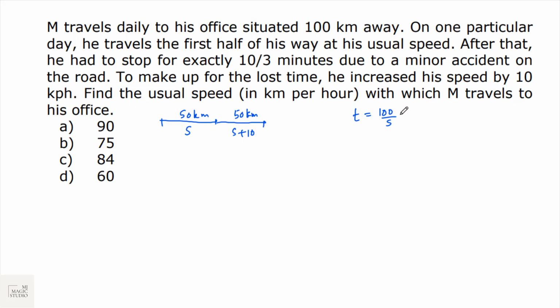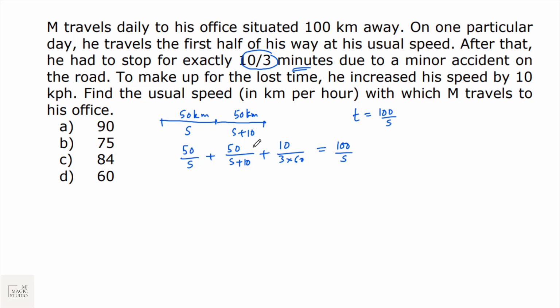Today his total time is 50 by S plus 50 by S plus 10 plus 10 by 3 minutes of waiting, that is 10 by 3 into 60 hours. This total time should equal his normal time, because for the lost time, he increased his speed by 10 kph.